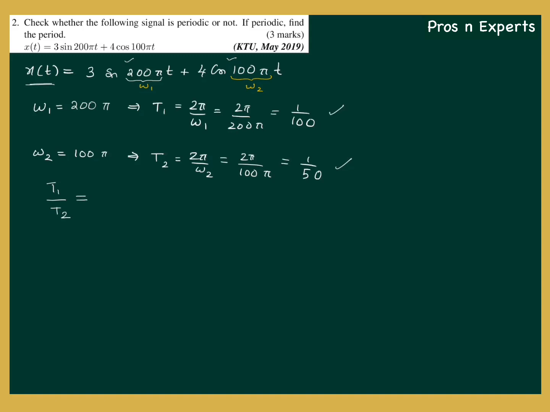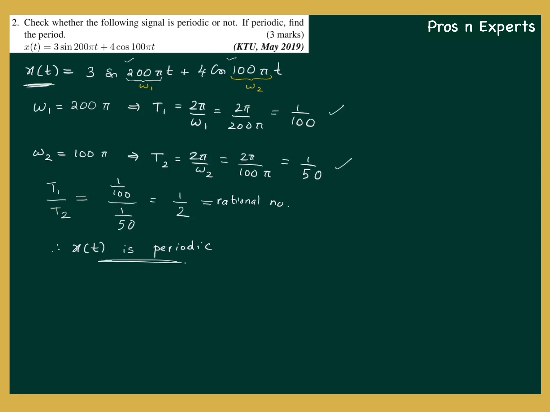If T1 by T2 is a rational number, then x of t is periodic, otherwise not. T1 by T2 is 1 by 100 divided by 1 by 50, which is equal to 1 by 2. 1 by 2 is a rational number. Therefore, signal x of t is periodic.